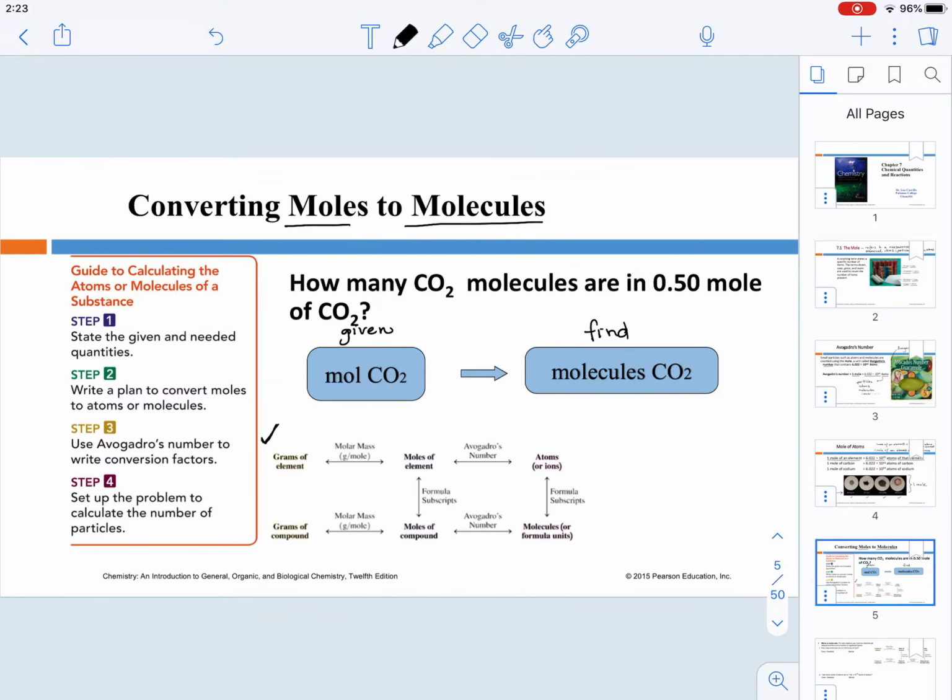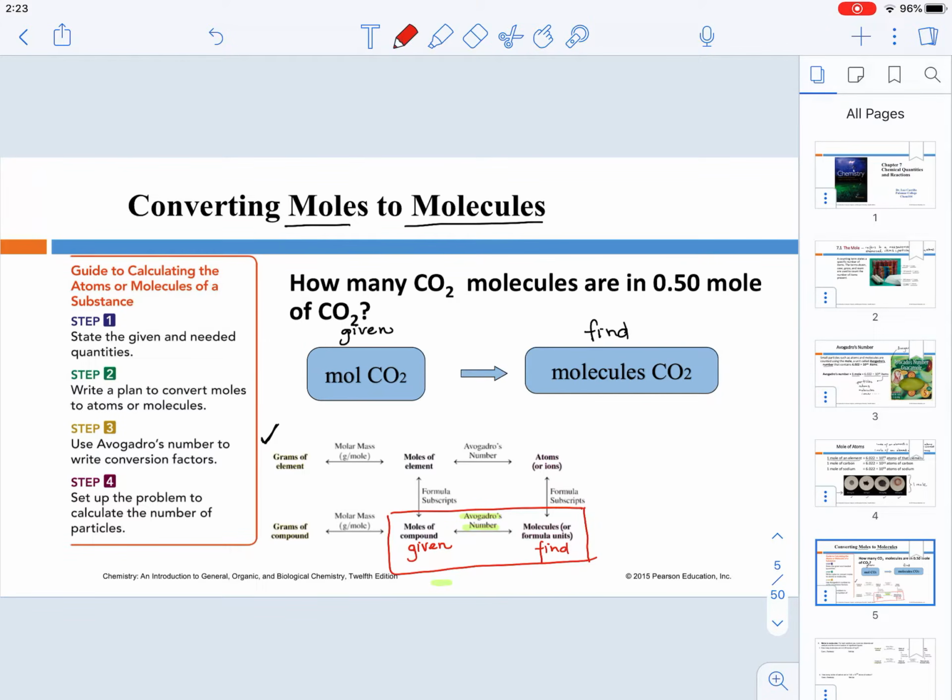So for example, if I label the information given in this flowchart, again, I have moles of compound given, and I need to find molecules of that compound. So that means that the conversion that I have to do is down here. Over the double-headed arrow, as you can see, I'm going to highlight it in green.